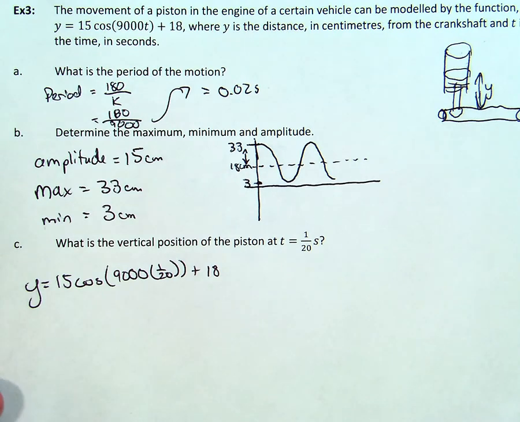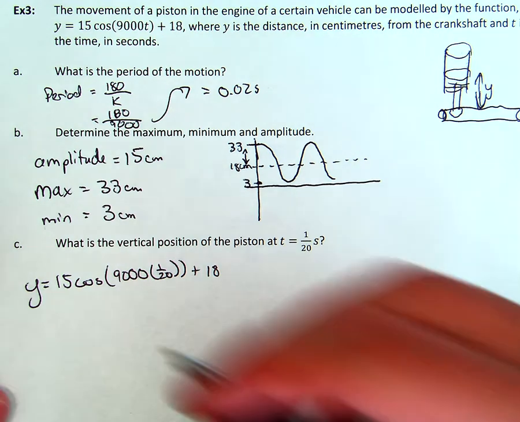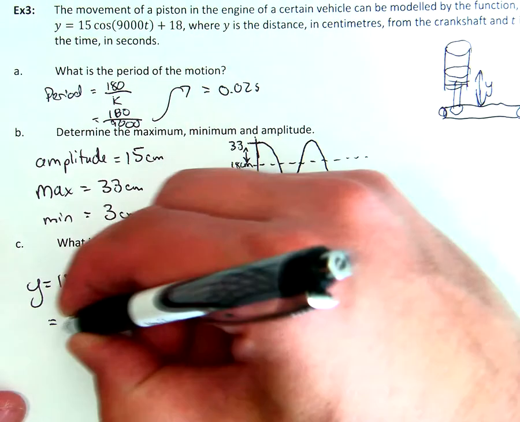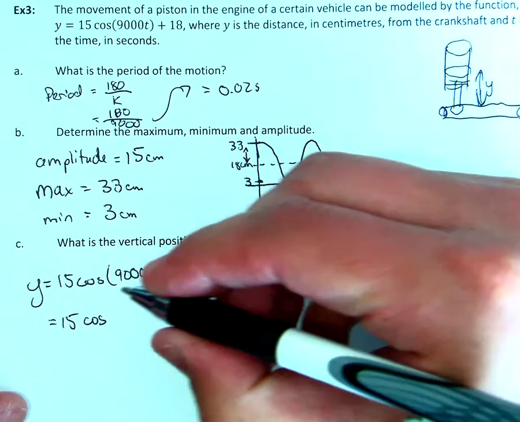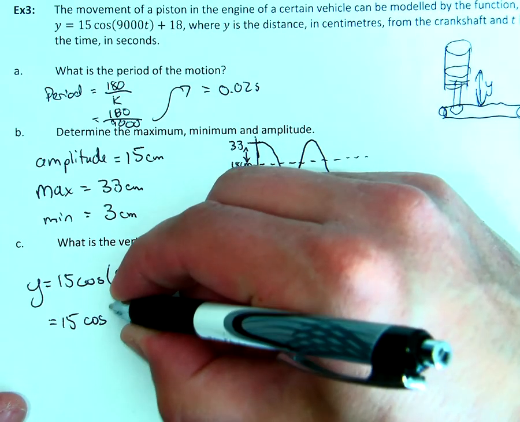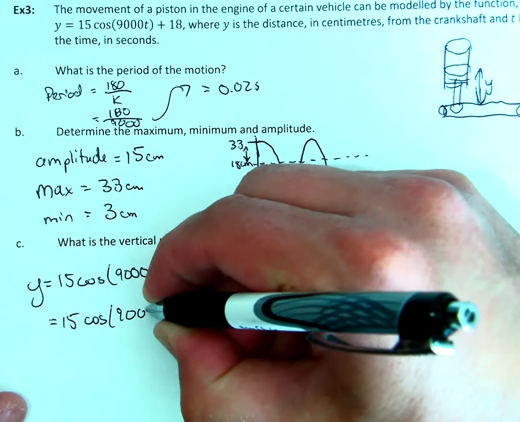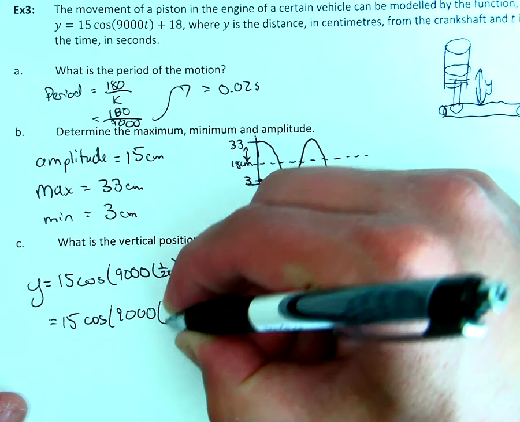So I'm going to do this in a couple steps. First off, I'm going to go 9,000 times 1 over 20. I think I said divided by 2, but I'm going to divide it by 20. So 9,000 times 1 over 20.